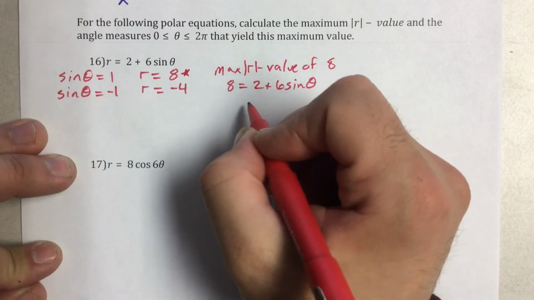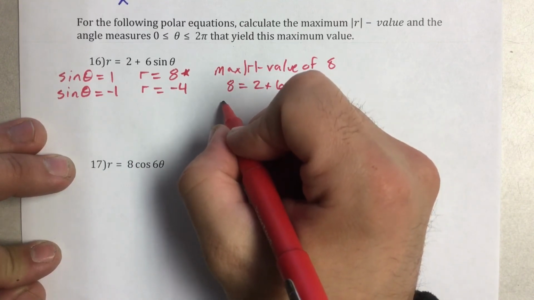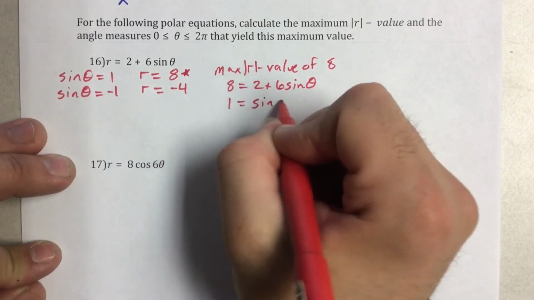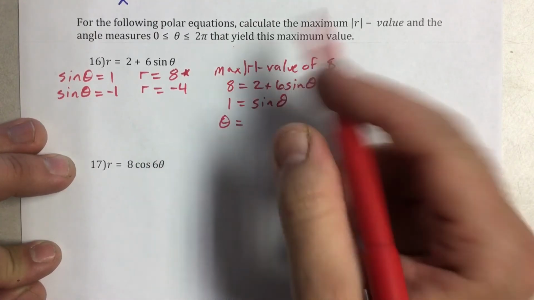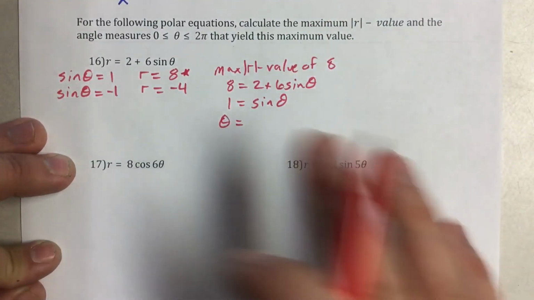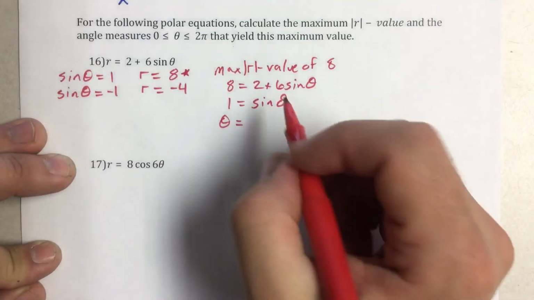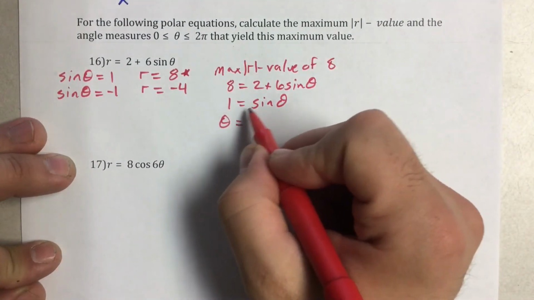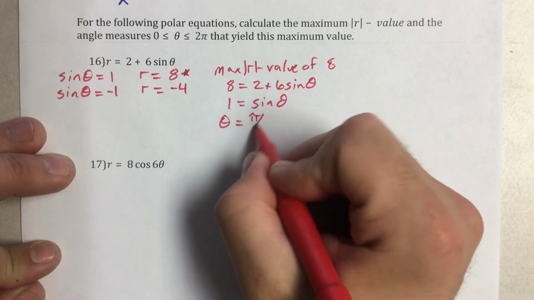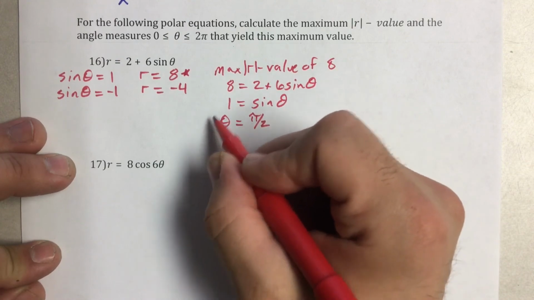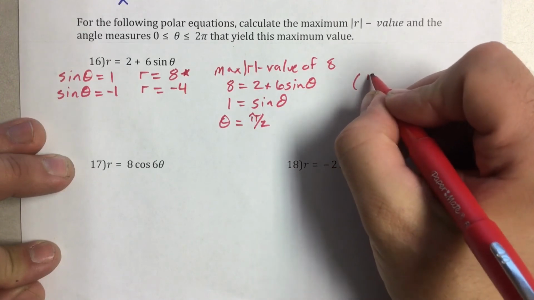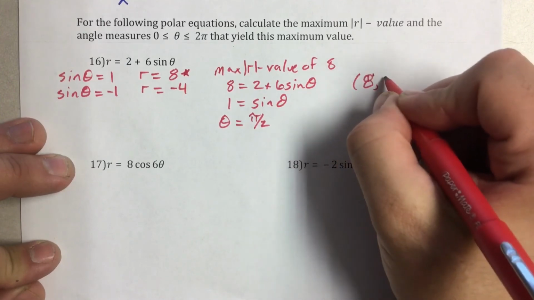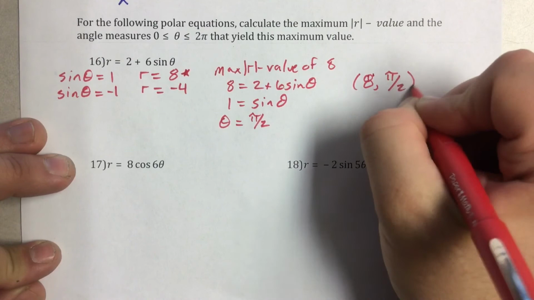Subtract 2, divide by 6, we get positive 1. And taking the arc sine of both sides, we get theta. I'm skipping some steps because we went over that in the skills review. So arc sine of 1 is going to be pi over 2. There is just one theta, so I don't have to make a list. So our coordinate is 8, comma, pi over 2.